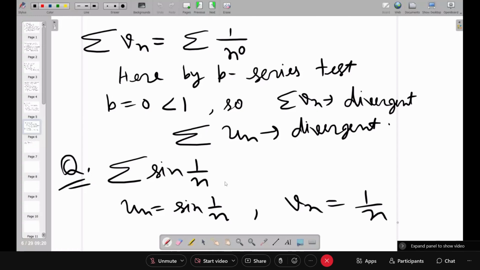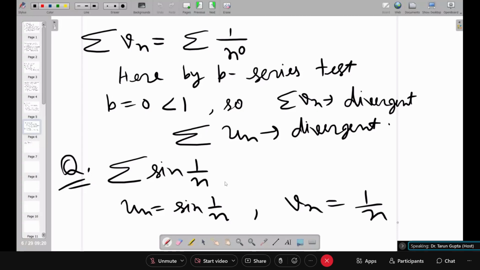Okay, sir. Here vn is not fixed. Vn you can take any, but the main thing is the limit of un upon vn should be finite and non-zero. If so, then summation un and vn have the same behavior. Two other cases are also there, but in those cases both series do not have the same behavior.